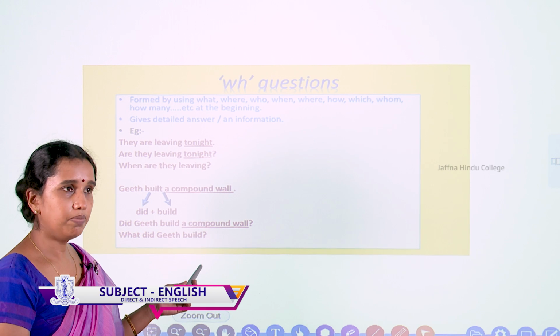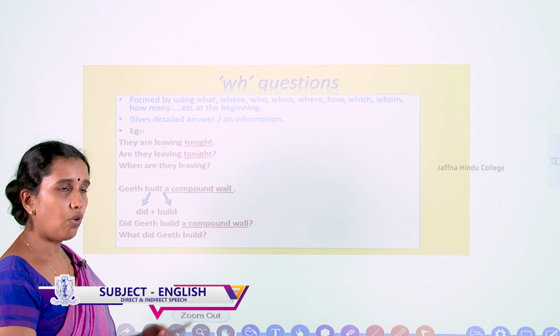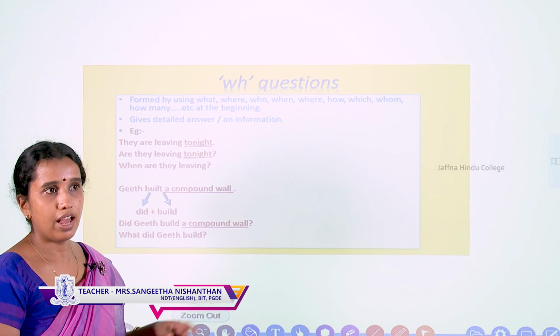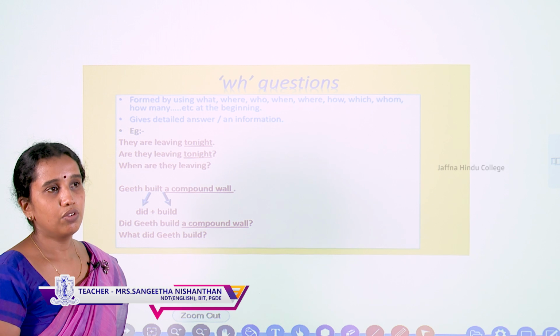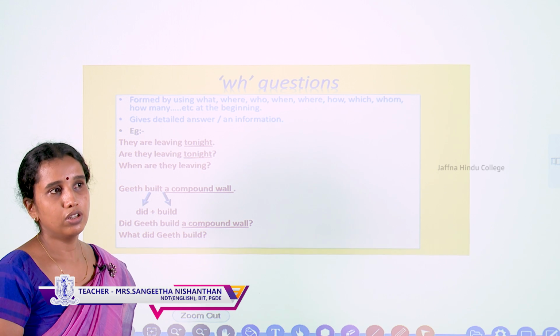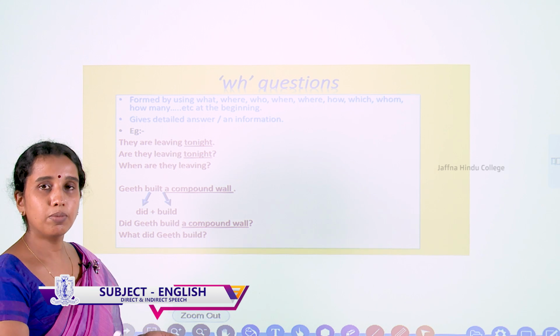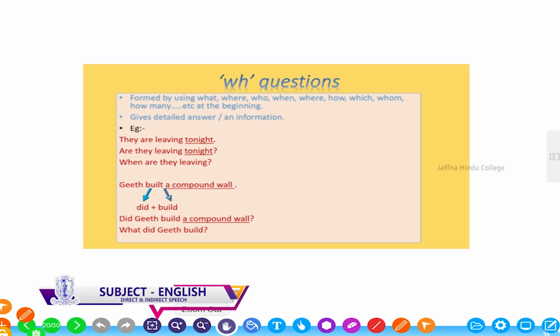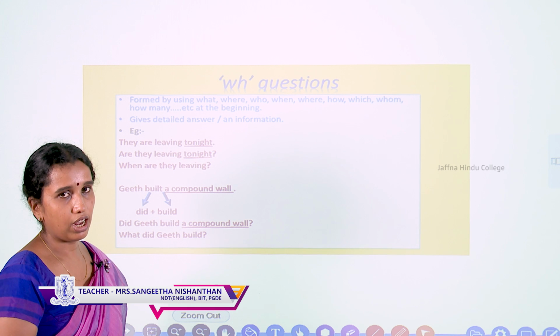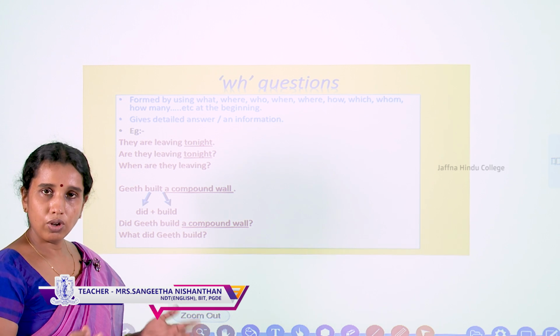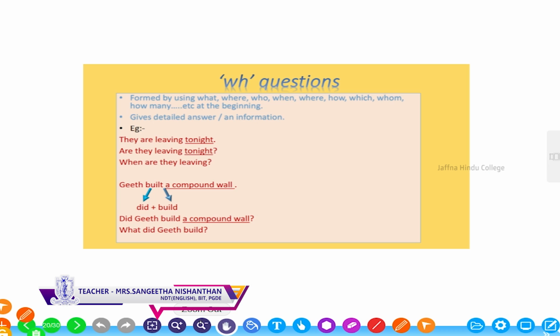How do we form them? First, we form the yes or no question, and then we put the WH word at the beginning of that yes or no question and remove the answer from the question. Look at the example. Here the answer is tonight, so you all know the question word should be when. They are leaving tonight.